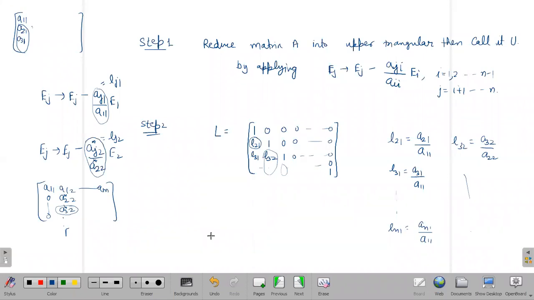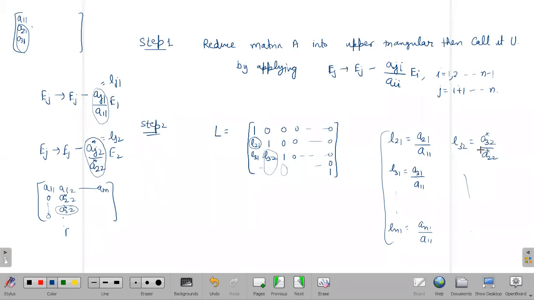Suppose from L21, you will get A21 by A11. From L31, you will get A31 by A11. So that is okay. But what is L32? L32 is not A32 by A22. It is changed values now. You have to use the changed values.